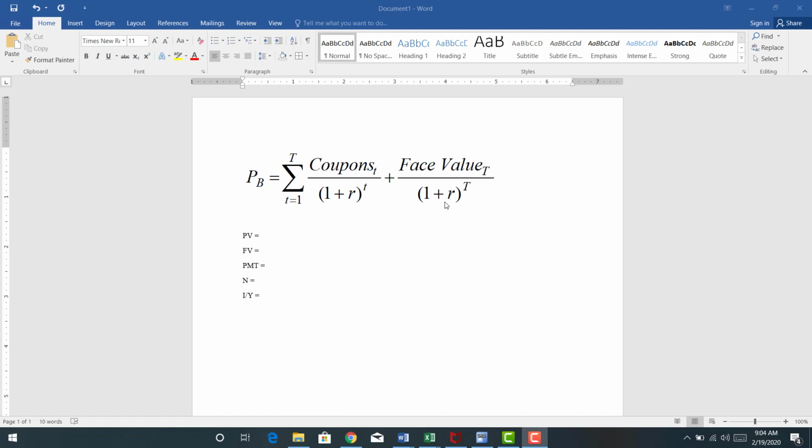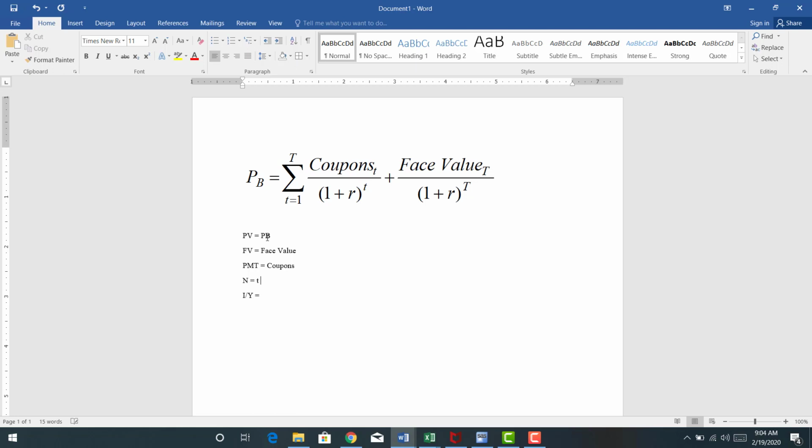A couple of things to note here. In the formula, the price of the bond is going to be our present value. The future value of the bond is going to be our face value. The payment in your financial calculator or in Excel is going to be the coupons paid by the bond.